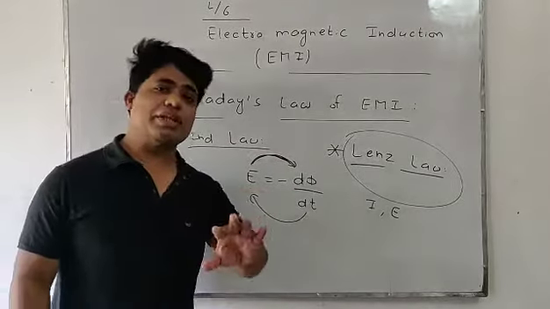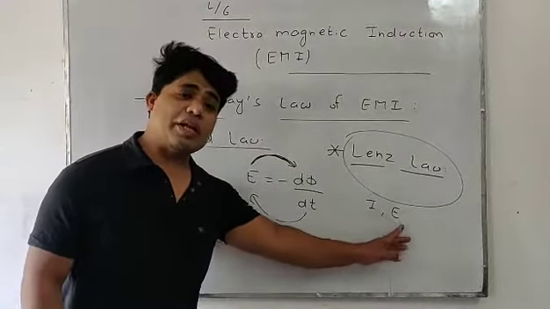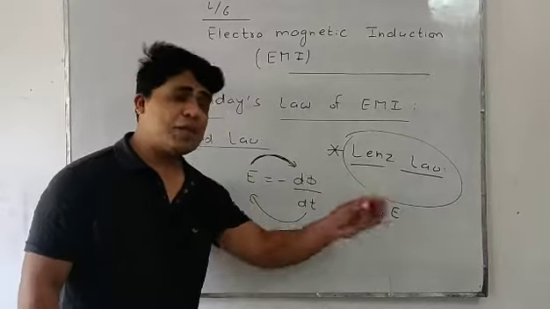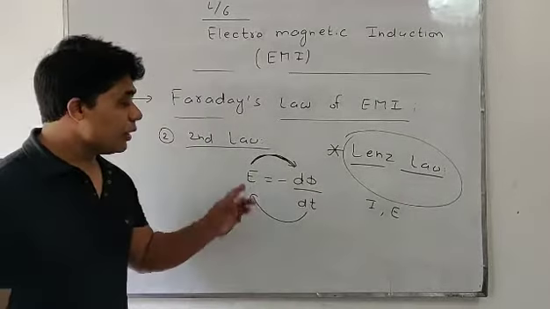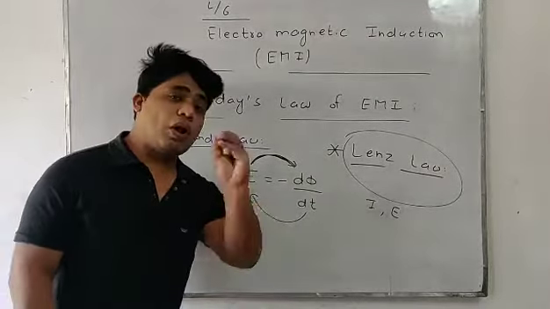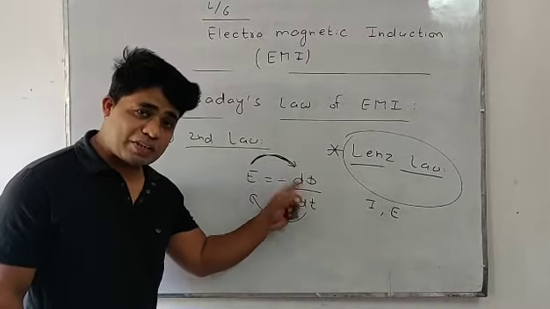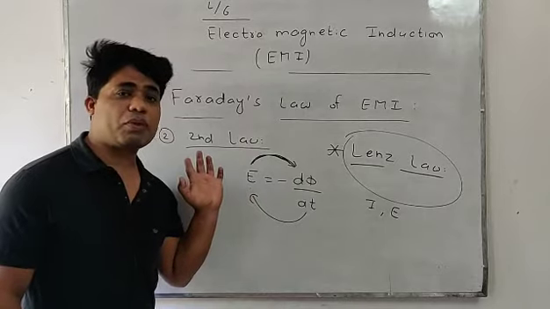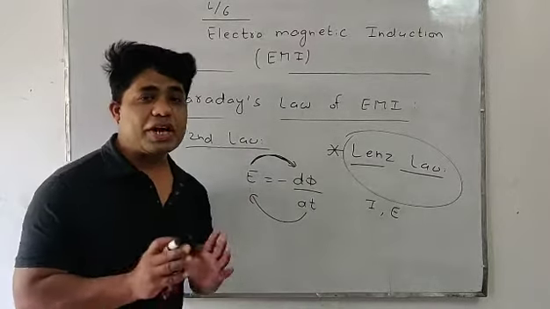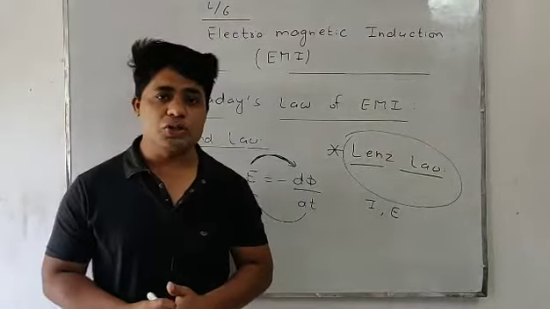It means Lenz's law states that the direction and polarity of current and EMF are in such a way in the circuit that these two always oppose the rate of change in flux, the factor which is responsible for their production. Okay students, so these are Faraday's and Lenz's laws. Understood, students?